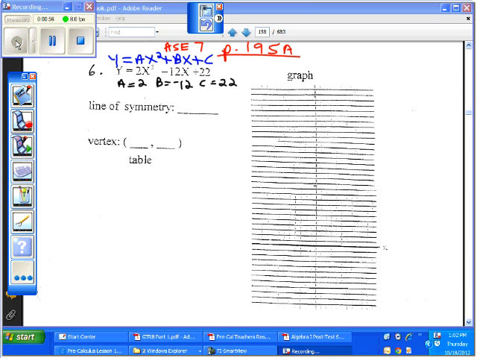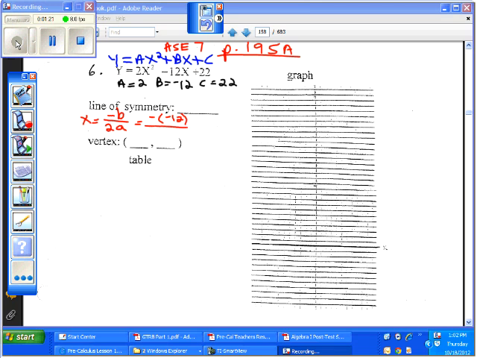Step 1 of building a nice table for a quadratic is to find the line of symmetry. The equation for the line of symmetry is x equals the opposite of b over 2a, negative b over 2a. Notice that it's the opposite of what b is, and b was a negative 12.